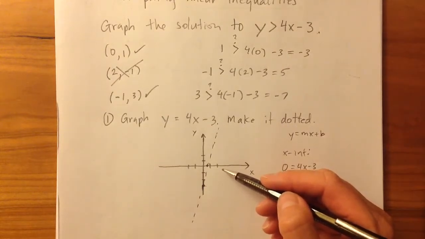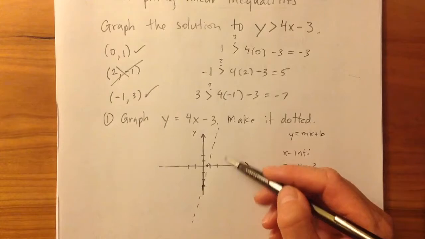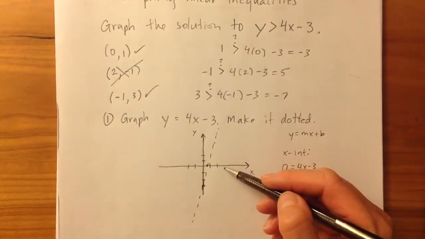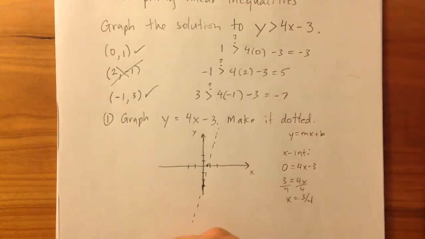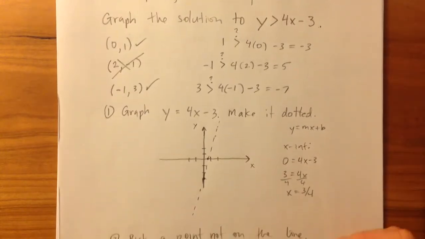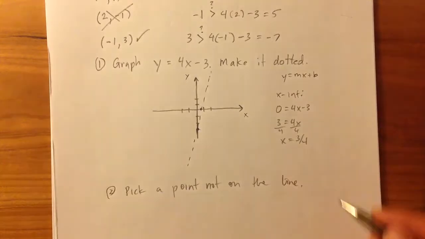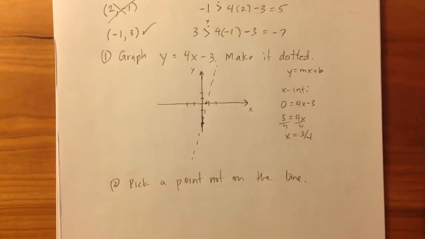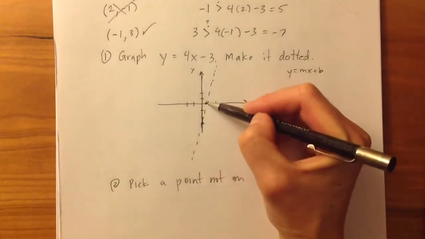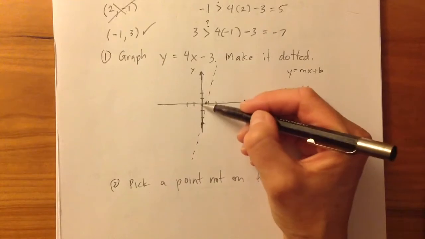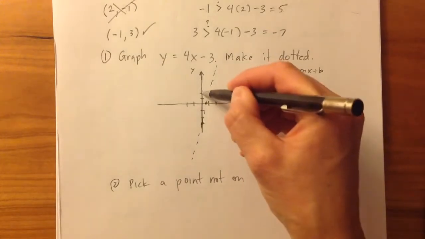And the way that we are going to determine which piece includes all the solutions is we're going to pick a point that's not on the line. We have all these possibilities. I know that that's the point 3/4, 0, and that's 0, -3. So for example, 0, 2 is not on the line.